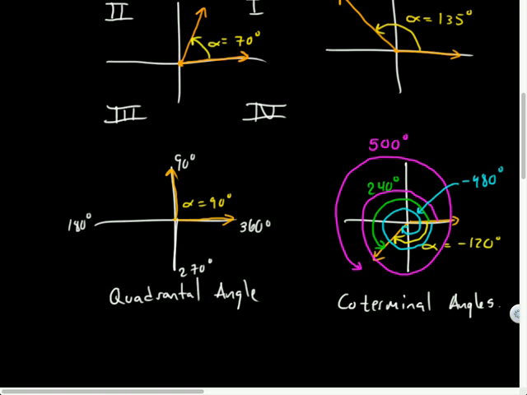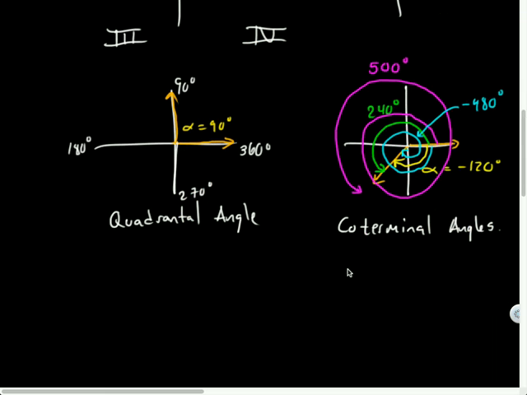So coterminal angles, I guess I could show you this. How do I describe this? Alpha is coterminal to another angle, alpha plus 360 times n, basically. I guess I could use theta there.